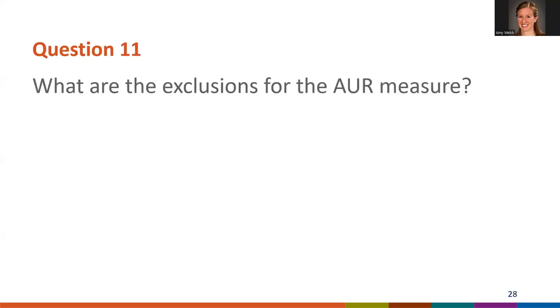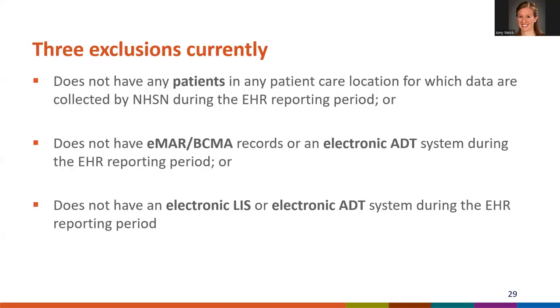All right, so let's talk about the exclusions for the AUR measure of the PI program. Right now, we have 3 exclusions for our AUR measure. The first one is that the facility does not have any patients in any patient care location for which data are collected by NHSN during the 180-day reporting period. So that probably doesn't fit many of you. That would be perhaps if there was a natural disaster or large-scale construction going on where your whole facility was closed during the 180-day period.